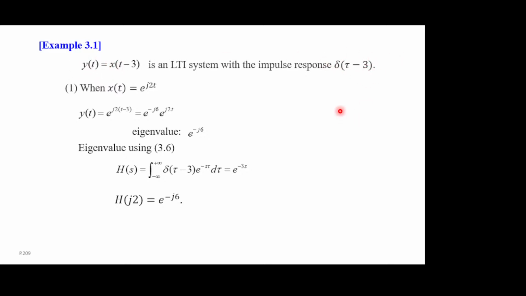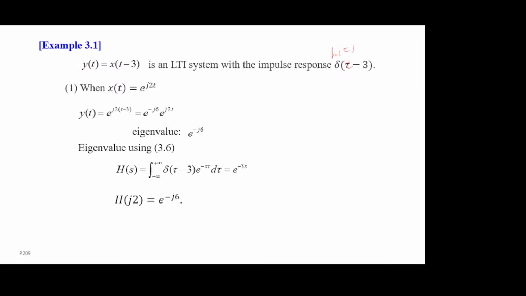Although we wrote tau here, so I should probably say t here. So we want to say h of t equals delta of t minus 3. This is the impulse response, small h.